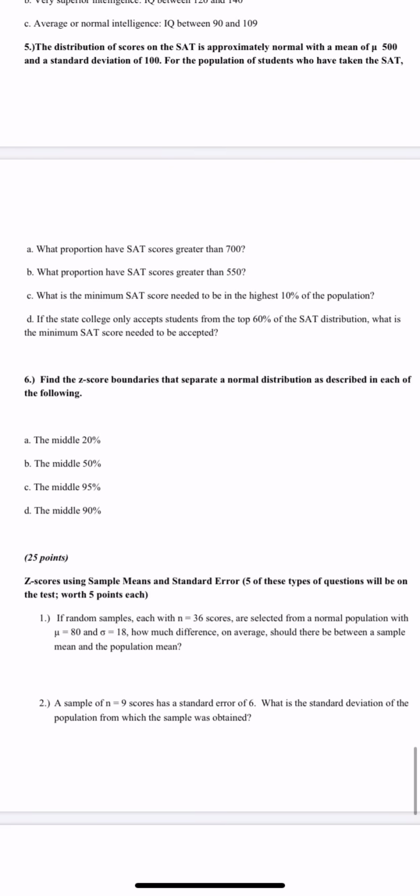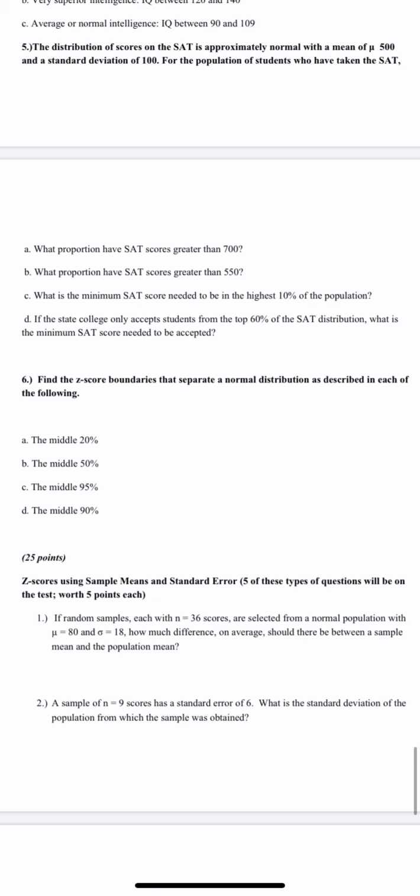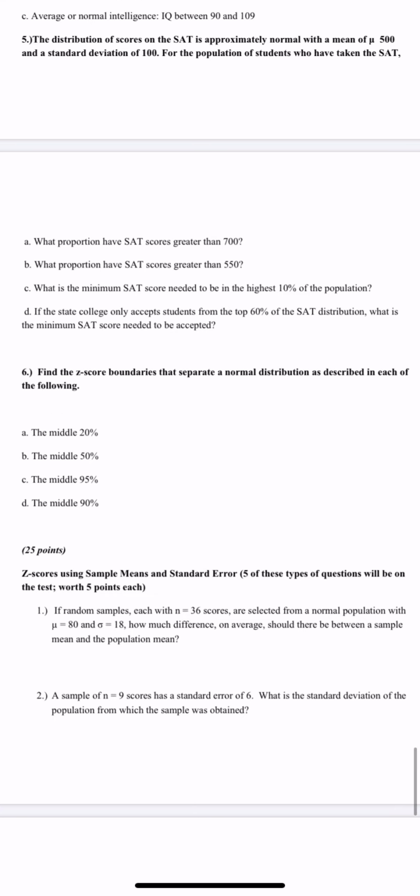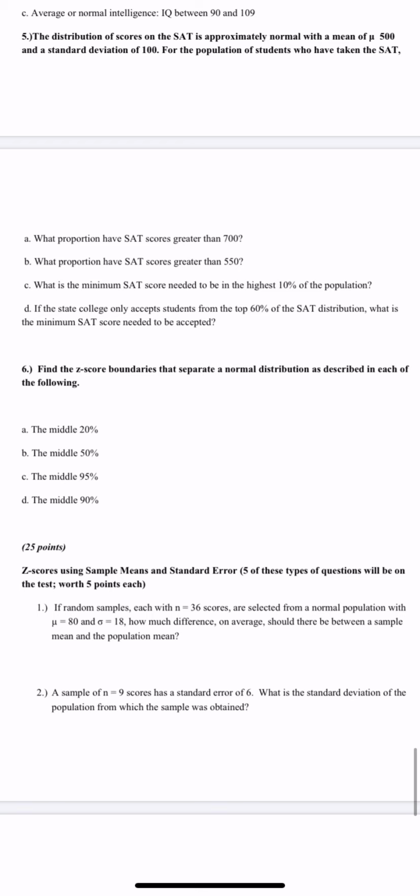D, if the state college only accepts students from the top 60% of the SAT distribution, what is the minimum SAT score needed to be accepted? So if you're in the top 60%, you know that that z-score is going to be negative because it falls below the 50% mark, which is a z-score of 0.